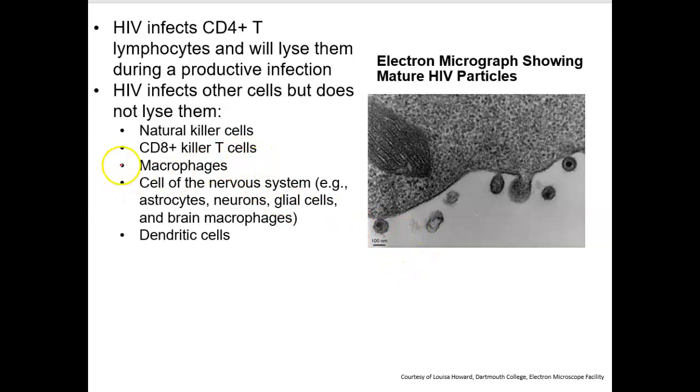HIV actually initially infects primarily macrophages and then goes on to infect T cells. But HIV can also infect CD8 positive cells, NK cells, and some neuronal cells. HIV can sometimes infect nerve cells. So primarily CD4 positive T cells, but it's not completely limited to those.